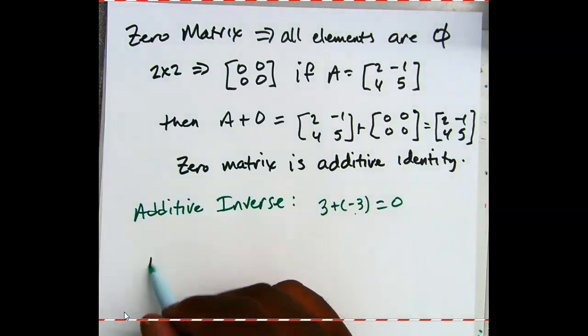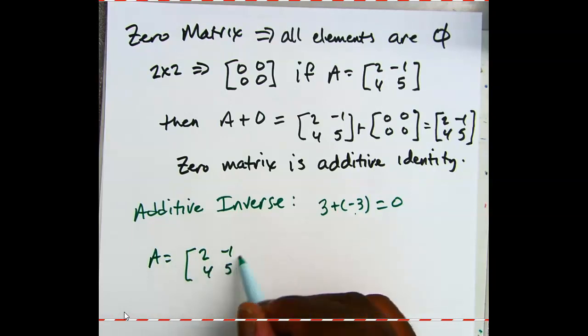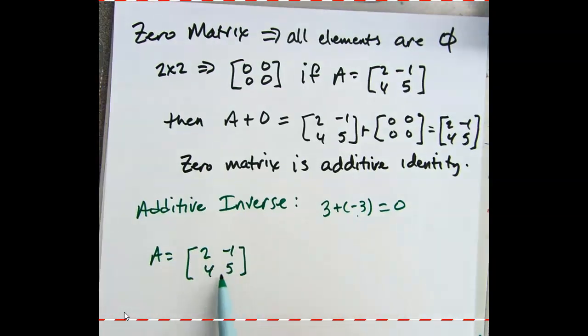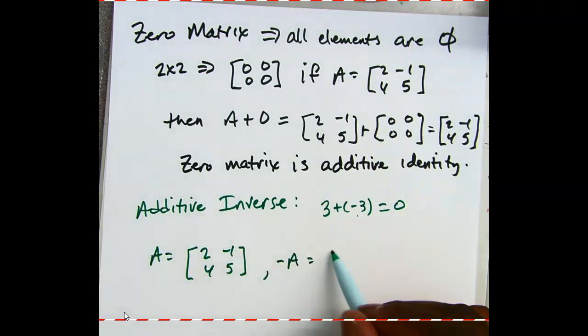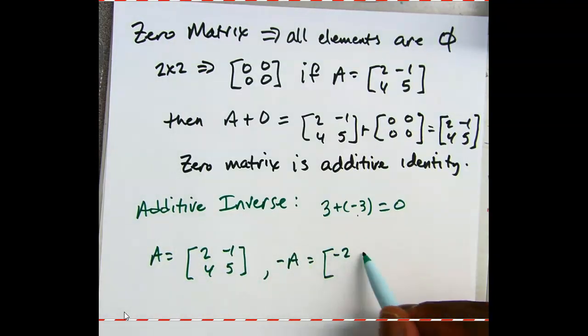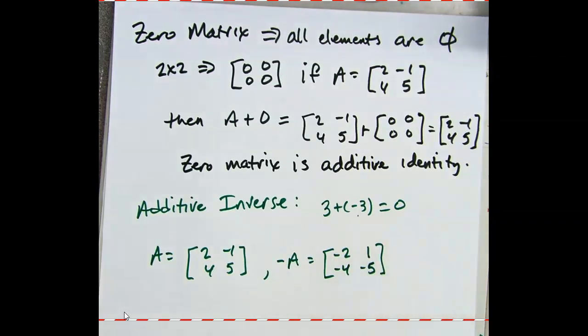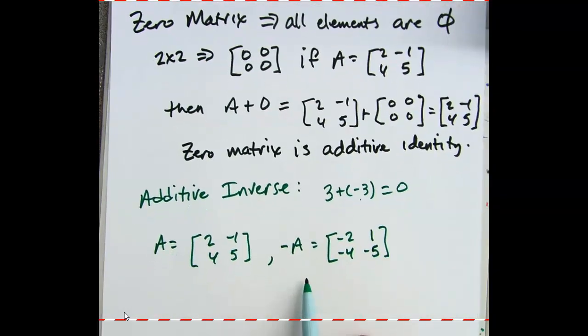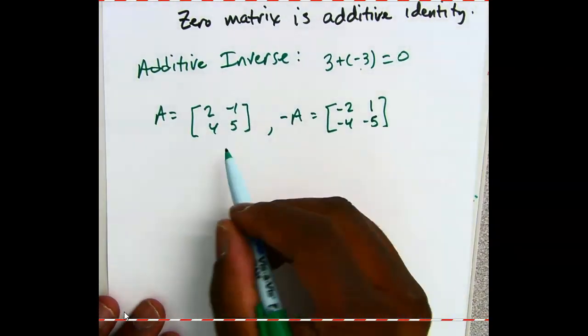So if we had A is equal to 2, -1, 4, 5, then the additive inverse of A would be -A, and that would be -2, 1, -4, -5. If we add these two matrices together, we should get the zero matrix.